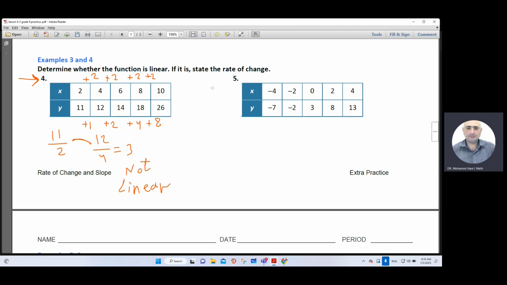Okay, try to solve number 5. So it's linear. Linear. Thank you, Milad. Who has a different answer?